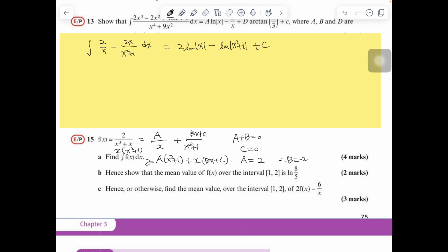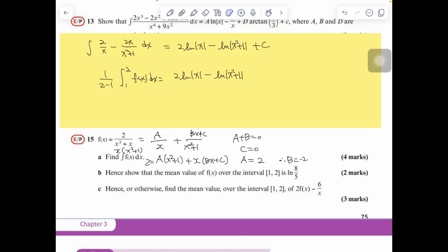Now the mean value: 1 over (2 minus 1) times the integral from 1 to 2 of f of x dx. We already know this one.